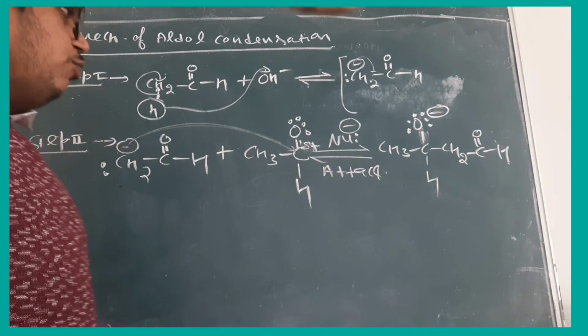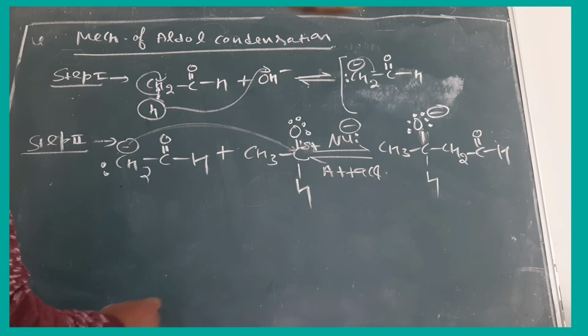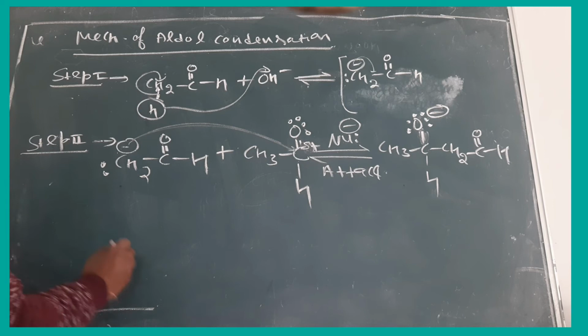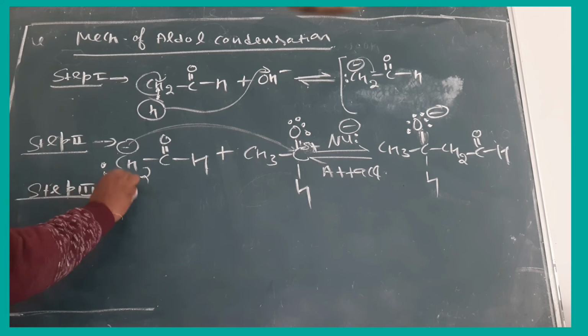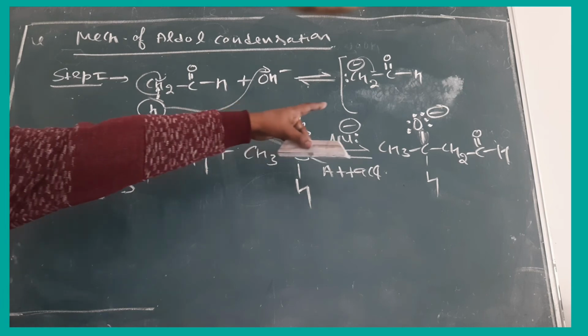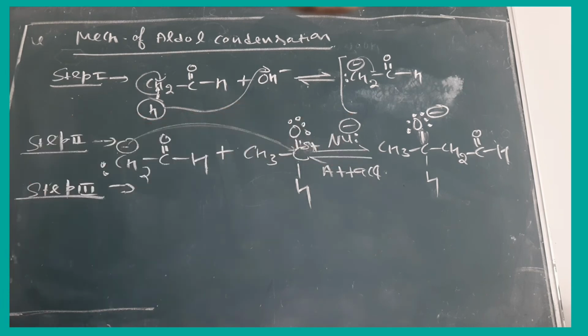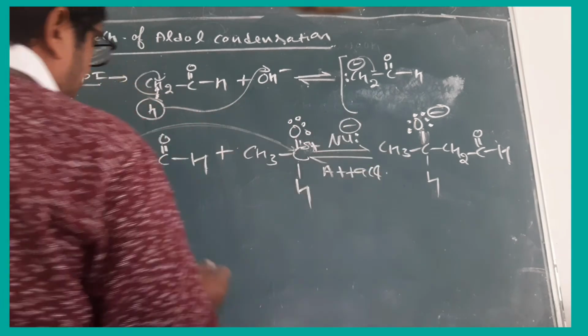Now we are going to do step number 3. In step number 3, you must see all of you what to do there. Whatever we have written there, we will give its reaction with water.